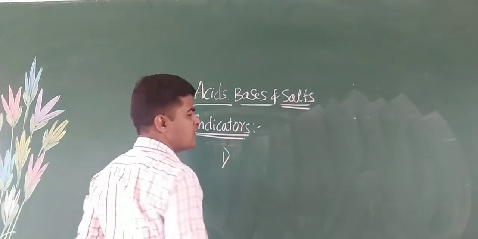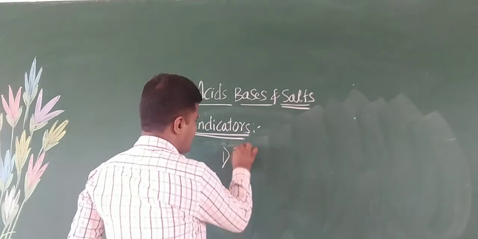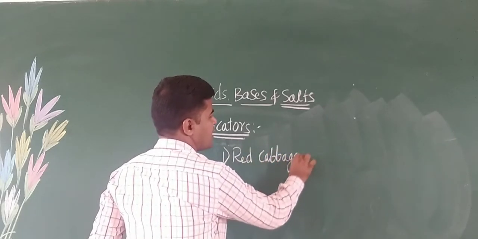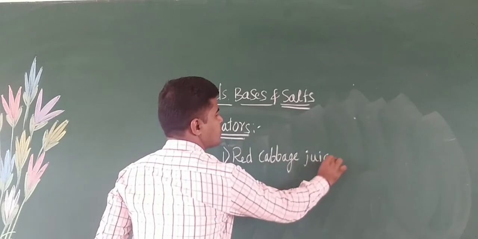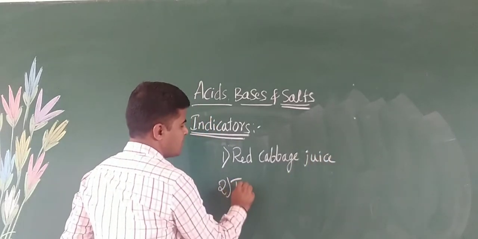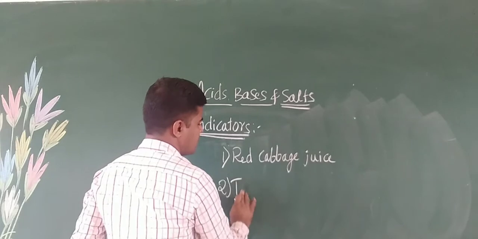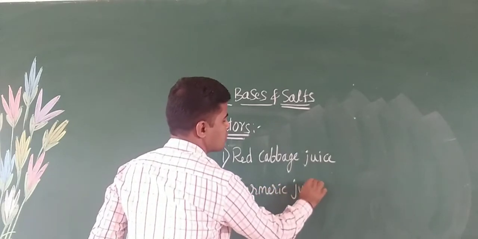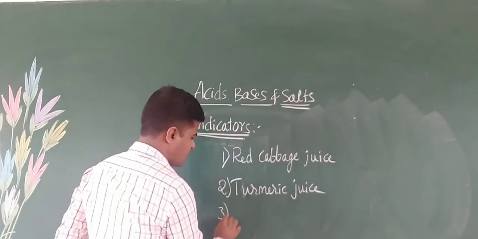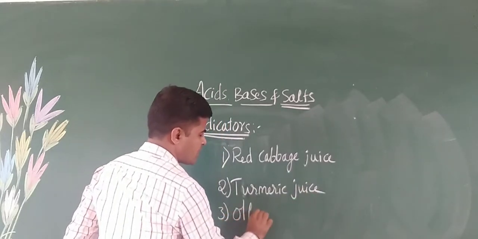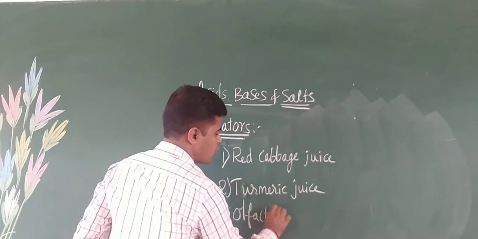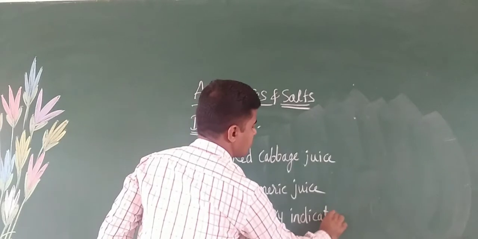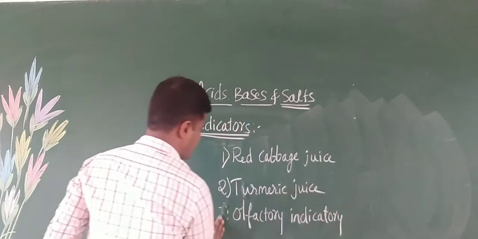So natural indicators are red cabbage juice and turmeric juice. And one more important category, that is olfactory indicators.